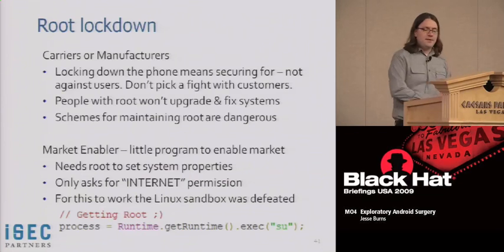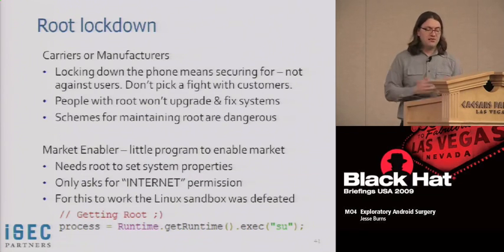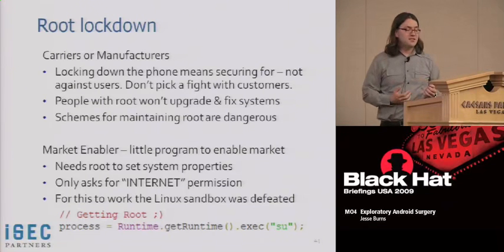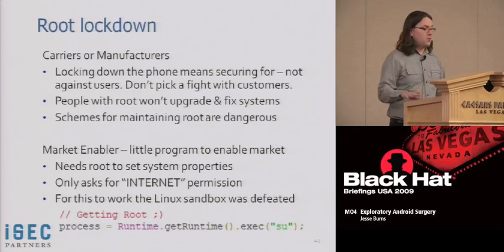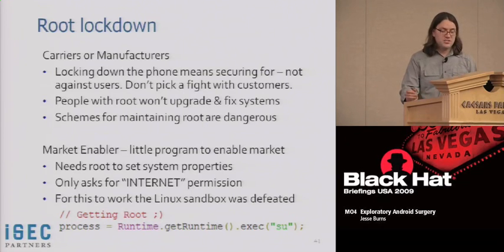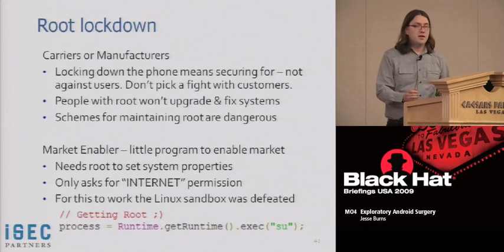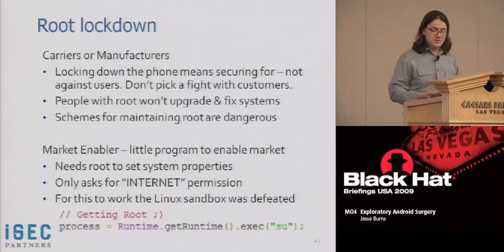So root lockdown. Carriers and manufacturers that don't allow users to have full rights on their own devices risk those devices being controlled by others. Users who want root may be a small group, but they may avoid updates in order to wait for some kind of exploitable privilege escalation bug to be fixed that they can then reverse and use to get root access on their own system.